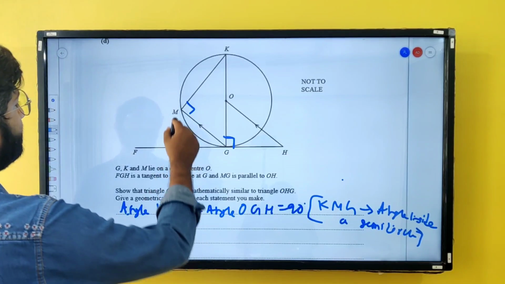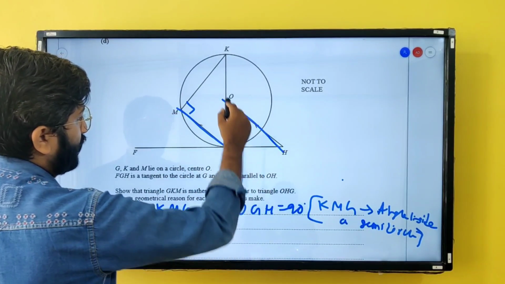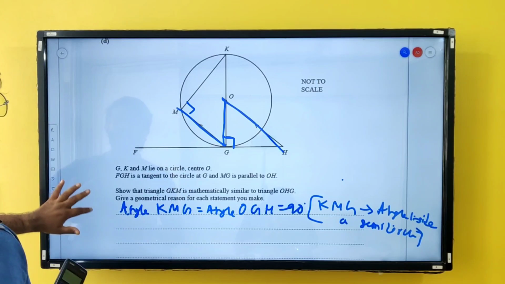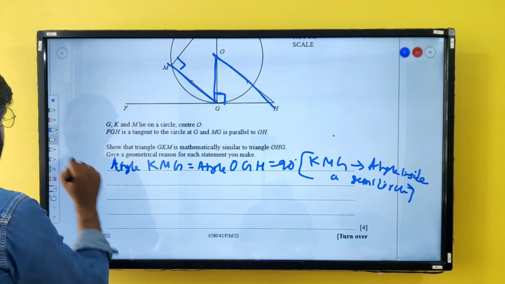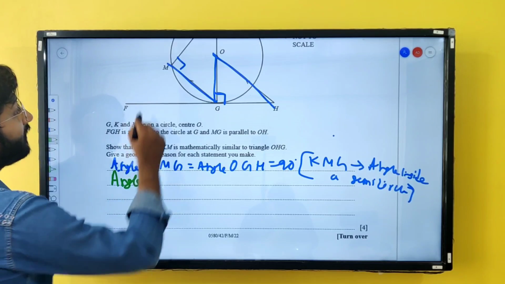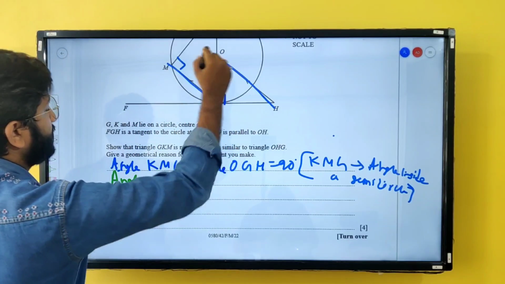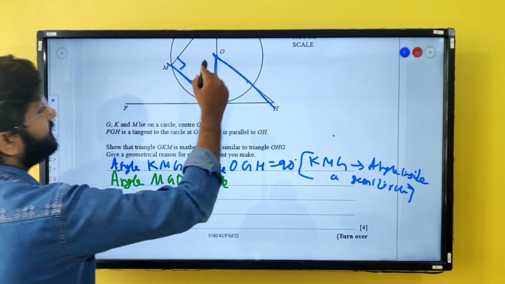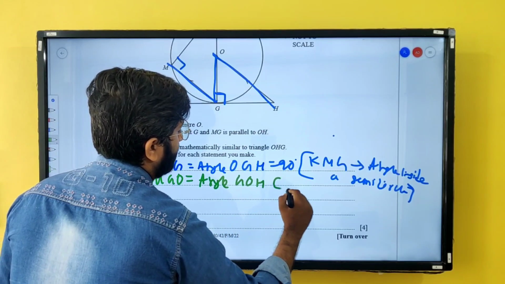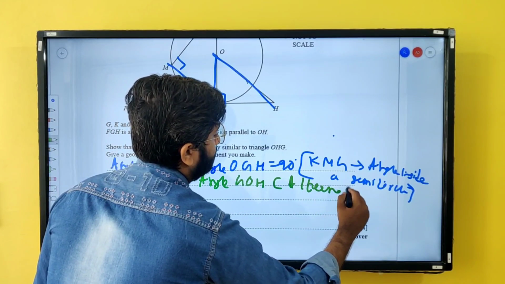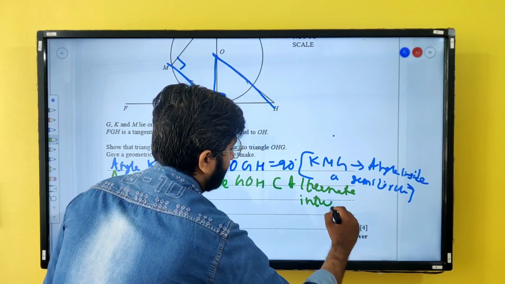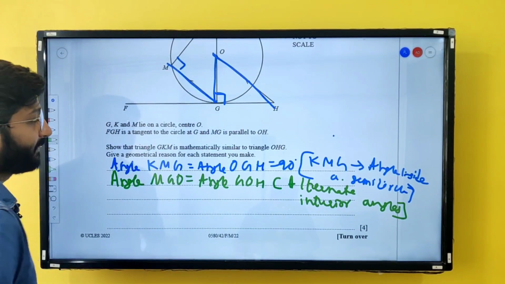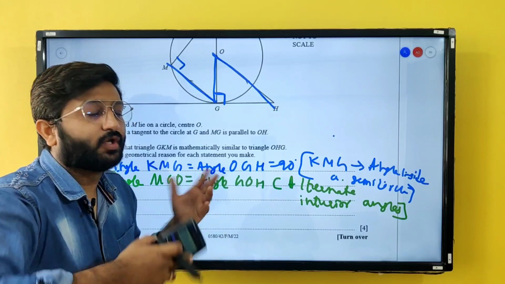Then I think you have these two sides parallel, so OG becomes the transversal. So from here I can say angle MGO is equal to angle GOH. They are known as alternate interior angles. This is forming a Z. So now we have two angles that are the same.